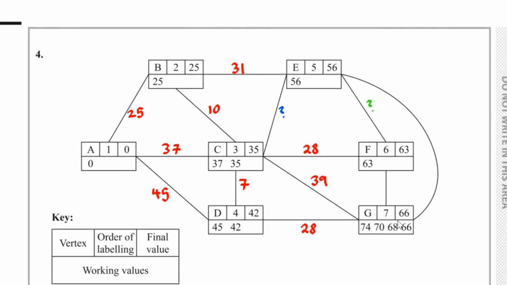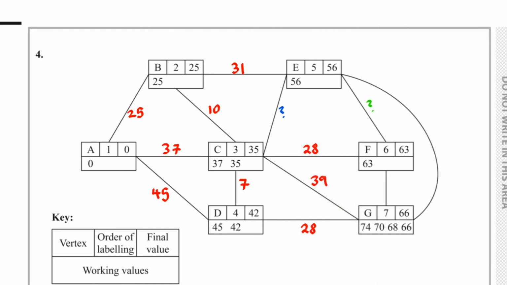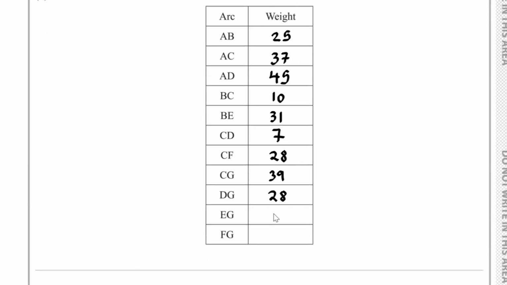So I'm at E, I want to get to G. Well, I've already got the 70 here, and to improve this further I get 68. I'm at 56, I want to get to 68. So 68 take away 56 is 12. So that means 12 goes here, which is also shown here.